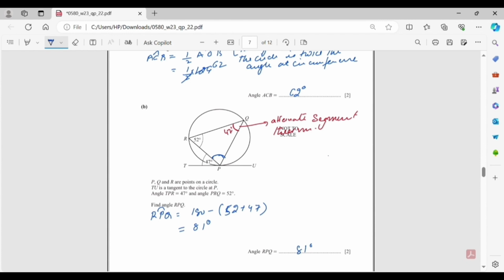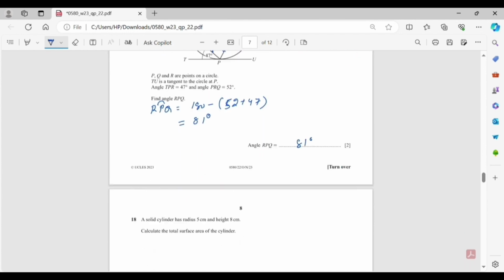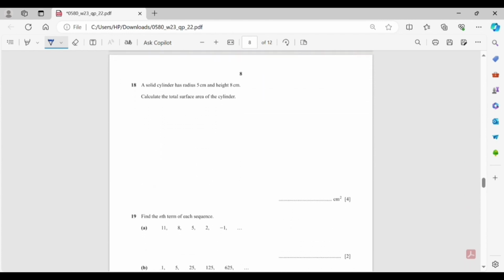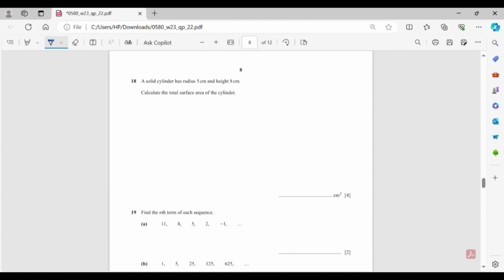Next, question number 18. A solid cylinder has a radius 5 centimeter and height 8 centimeter. Calculate the total surface area of the cylinder.